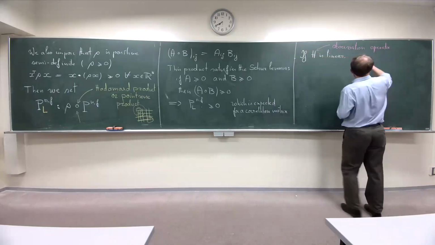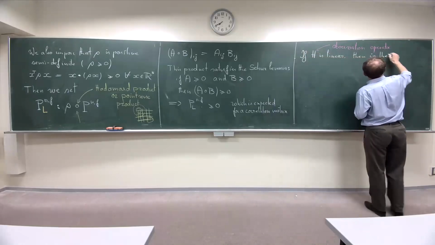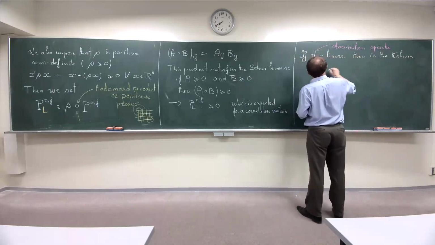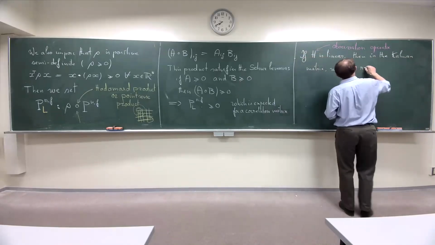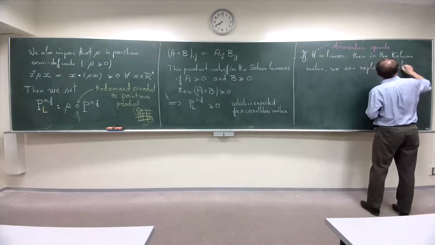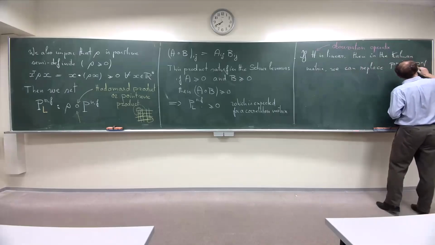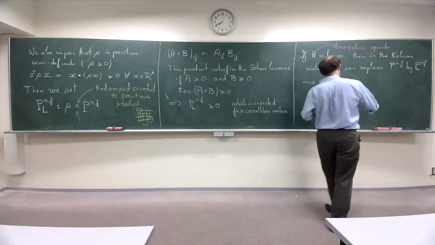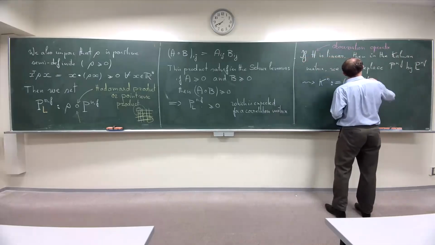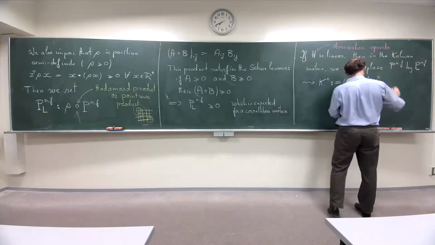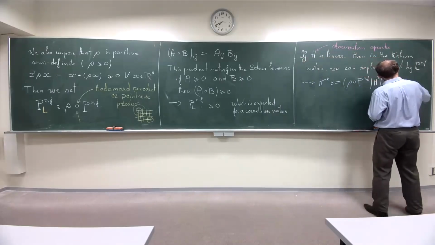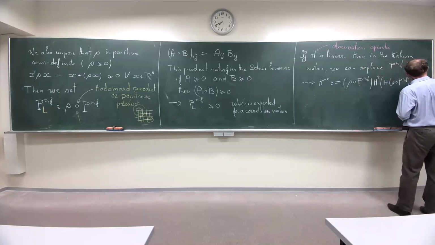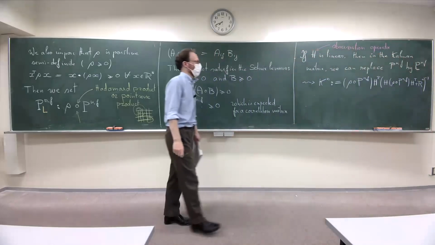So if H is linear, then in the Kalman matrix we can replace P_N^F by this localized P_N^F. And if you look back at the formula with the Kalman matrix, you now get rho P^F H transpose, and then you have H rho P^F H transpose plus R_N, to the power minus 1.